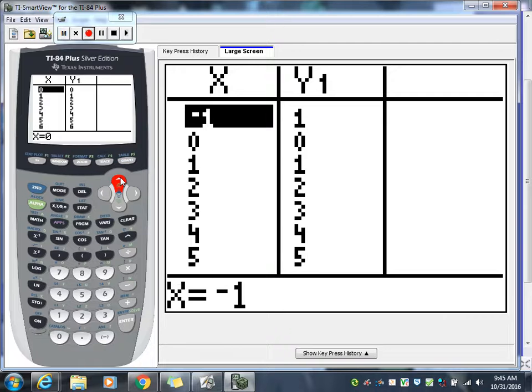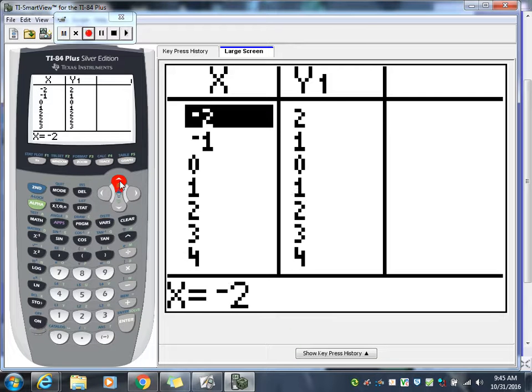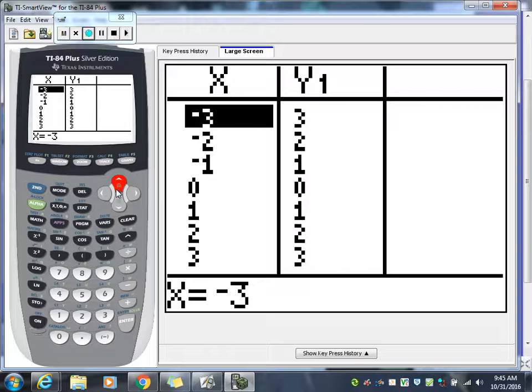So if you arrow up to the top just a little bit, and if you stop at negative 3 when it's up there, you'll have your pattern. My top number and my bottom number are exactly the same. My next two numbers are the same, then my next two, and I have one number right there in the middle. That is your pattern you want to look for in your absolute value graphs. So once you have that, you can go ahead and copy that down onto your table.